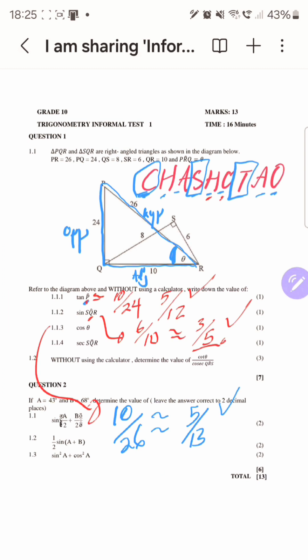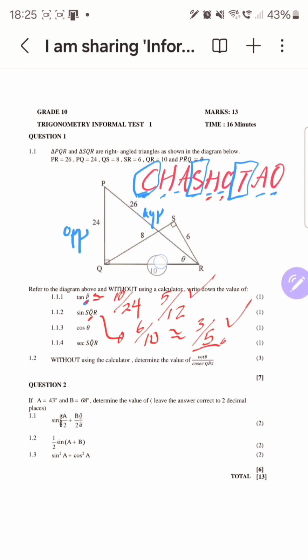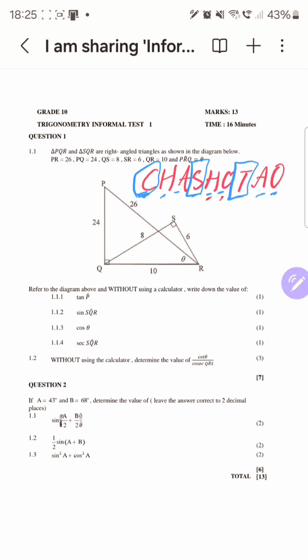Right, and then the last one. It's sec. Now remember, you need to know your reciprocals here: cot, sec, and cosec.